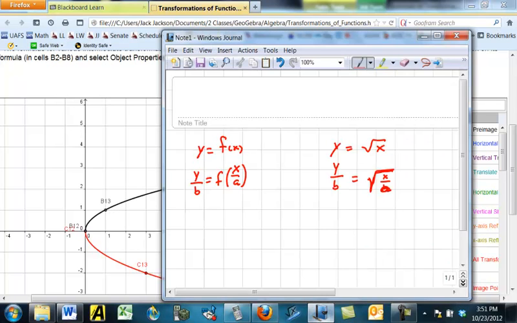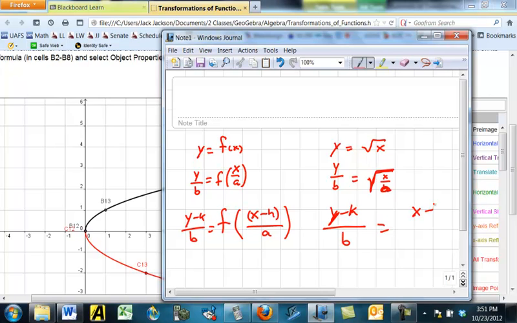Next, and this is kind of important that we did it in this order, next we're going to do our translation. So next we do the translation by replacing y by y minus k and x by x minus h. Okay, and so that is going to give us our new thing.